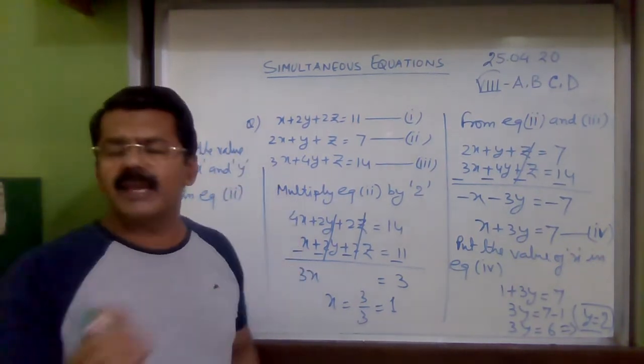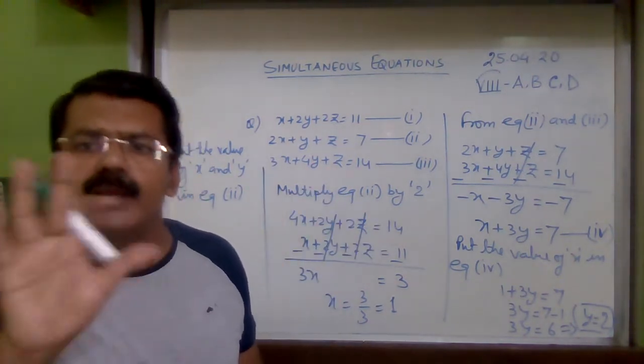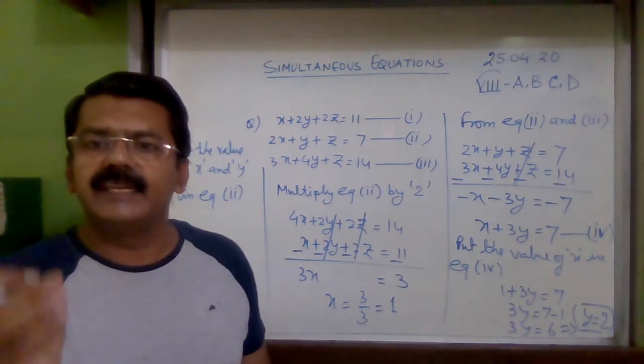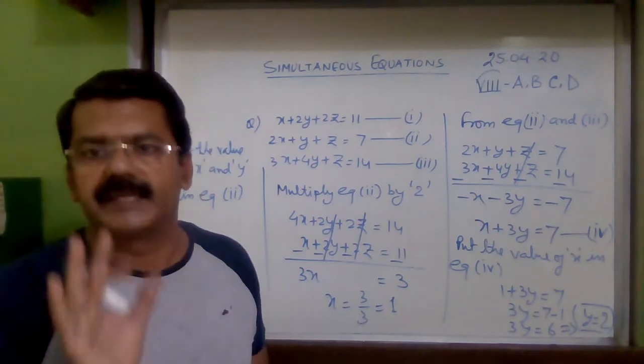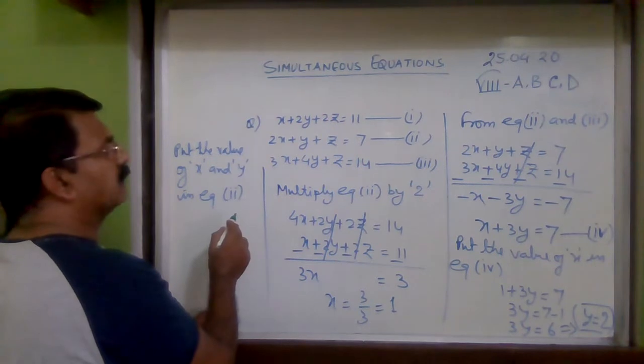Although you can put the values of x and y in any of the 3 equations and you will get the same value of z every time. But just select the equation in which you have to do the least working. Now put the value of x and y in equation number 2.